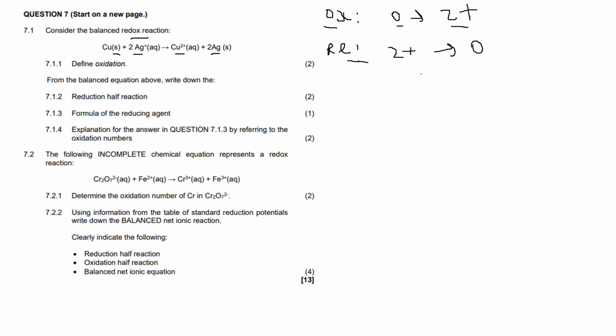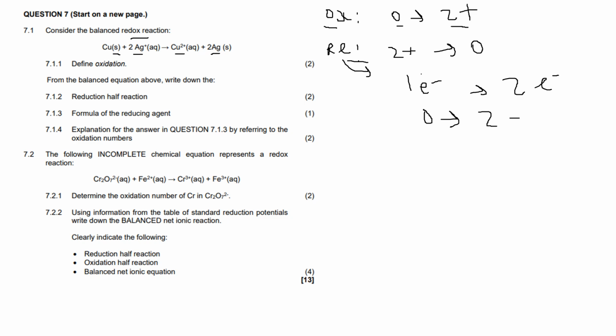In other words, under reduction, you can have 1 electron on the left, but on the right they have 2 electrons, meaning they have gained an electron. The other way you can represent this is to have 0 on the left, and on the right you have 2 minus. Remember, minus represents gaining of electrons, meaning this element had 0 here, but it has 2 minus, so it has gained 2 electrons.